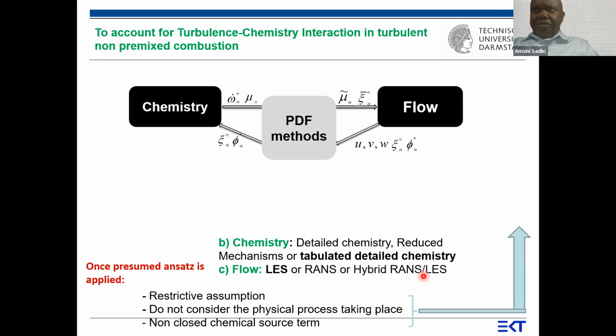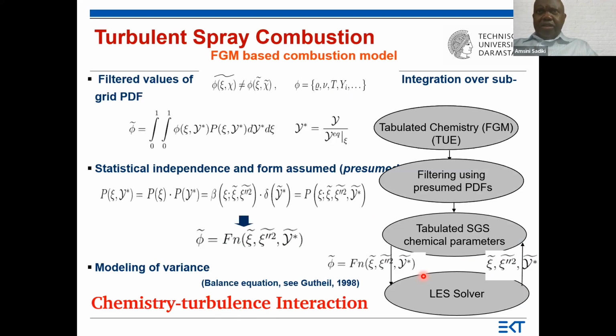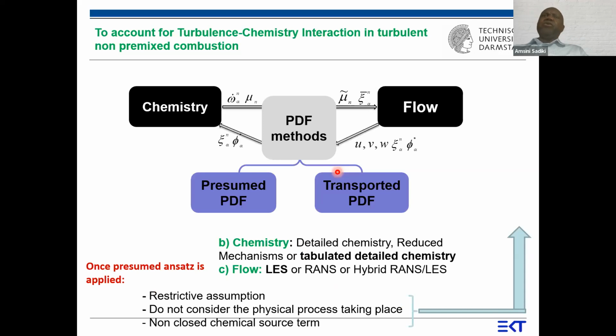So let me now make a summary of what I said. So here we have the PDF. One way to get this PDF is to presume it, and that is what I summarize here. We have the chemistry and the flow, and these interact by means of this PDF, which can be presumed, but we can also solve a transport equation for this PDF.